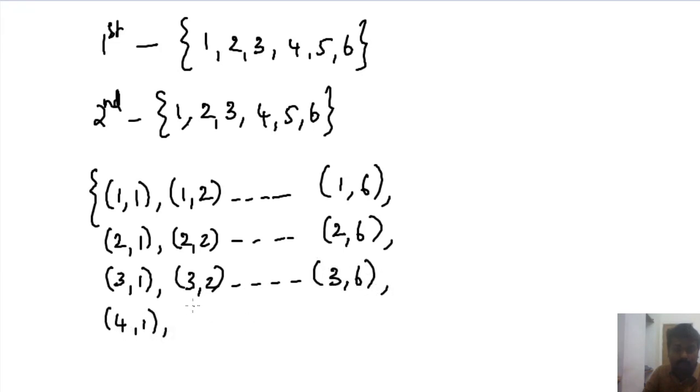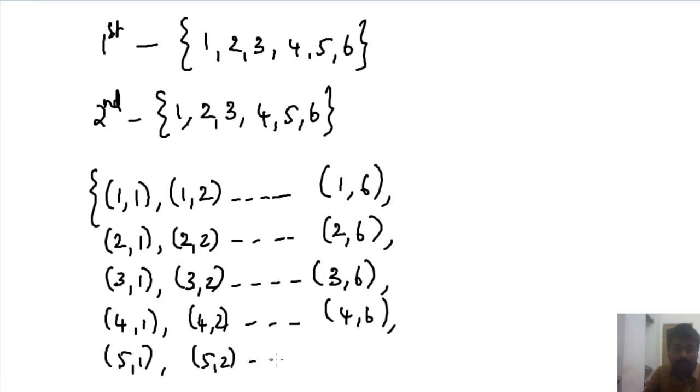Likewise you have 4, 6, then 5, 1, 5, 2, up to 5, 6, and so on up to 6, 6. So there is a total of 36 sample points in this case.